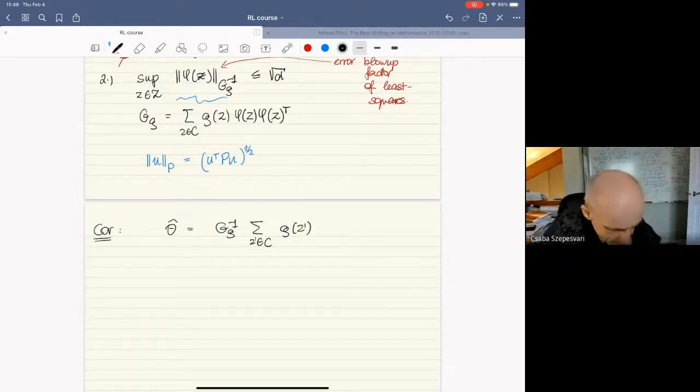And the measured values, let's say, take the form of some linear combination of the features with some parameter vector plus epsilon of z.